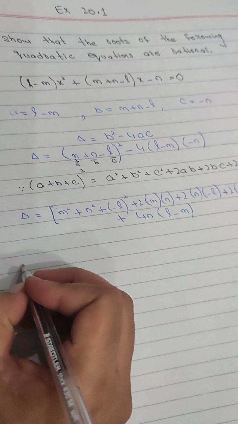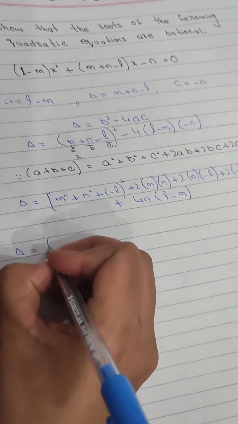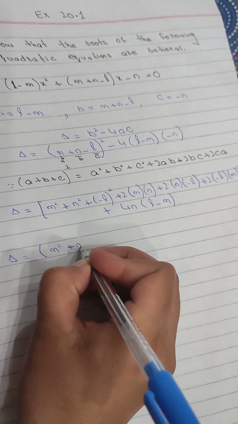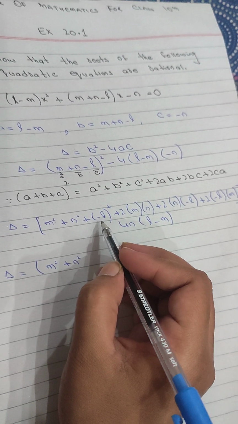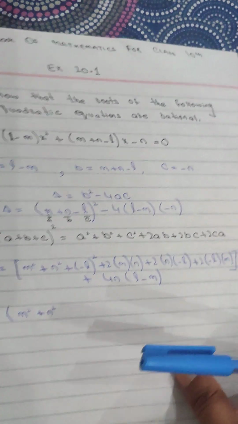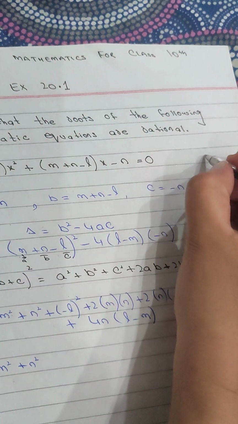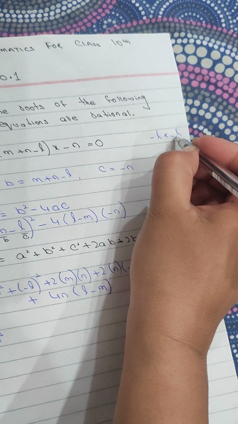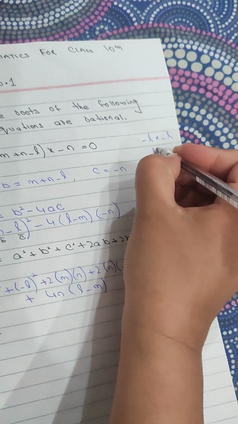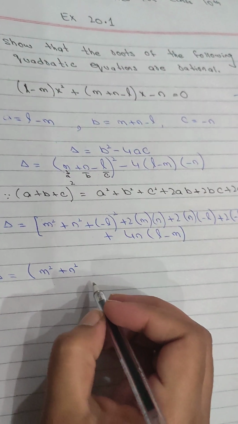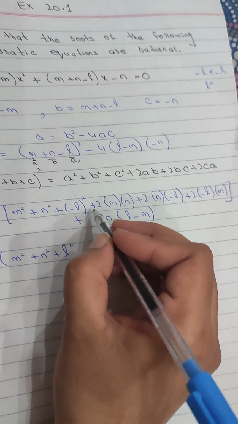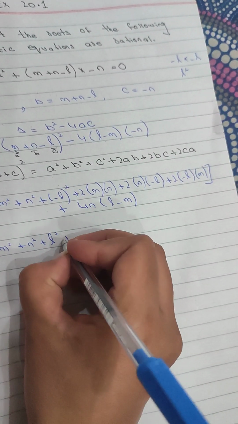Now more simplification will be done. It will be m square as it is, n square as it is, minus L square. Minus L square means minus L is multiplying 2 times, minus L multiply by minus L, minus minus will be plus and L square, so it will be plus L square. Then plus 2mn.